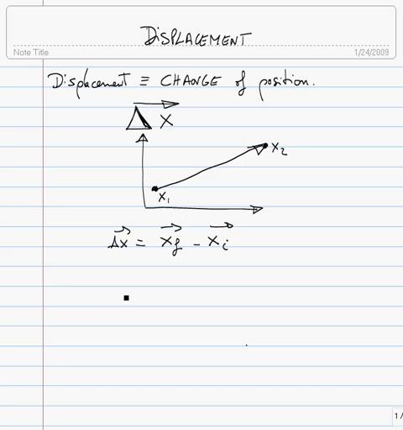Now, let's choose a coordinate system such that the origin will be centered at our original position, xi. In this case, we will be starting here, and let's say we want to go from this position to this position. The displacement vector can be represented by this arrow.